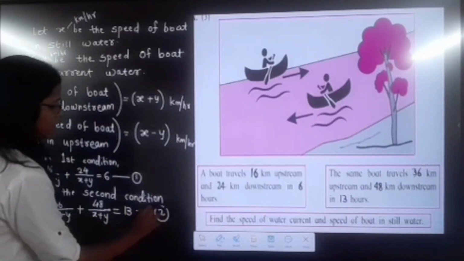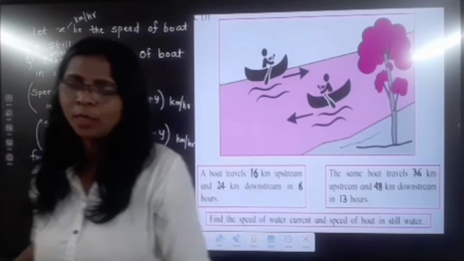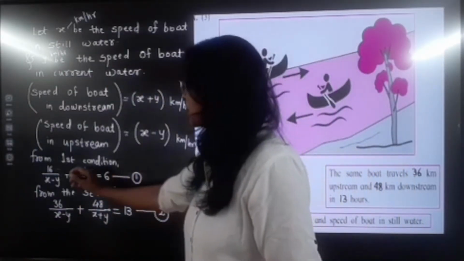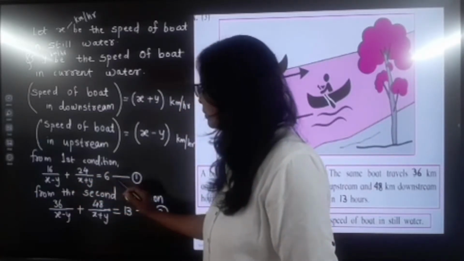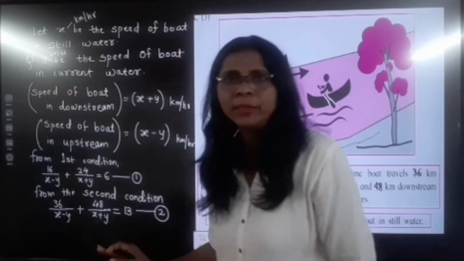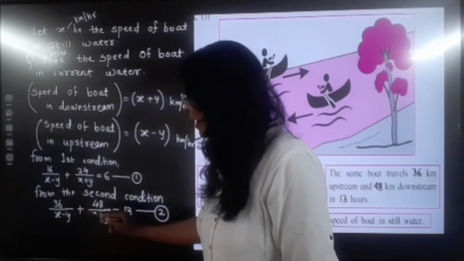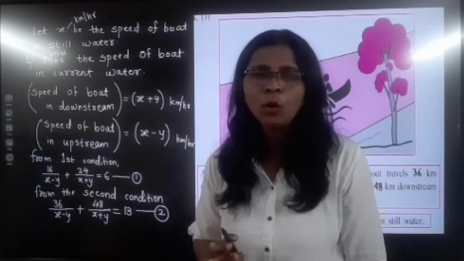Call it the second equation. So see very carefully: first condition, 16 upon x minus y plus 24 upon x plus y is equal to 6. And from the second condition we get 36 upon x minus y plus 48 upon x plus y equal to 13.